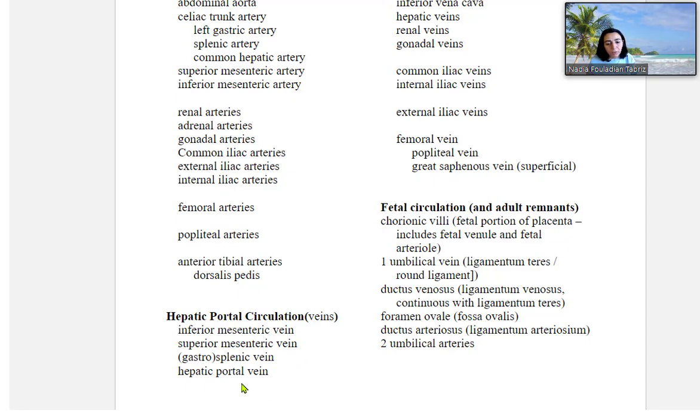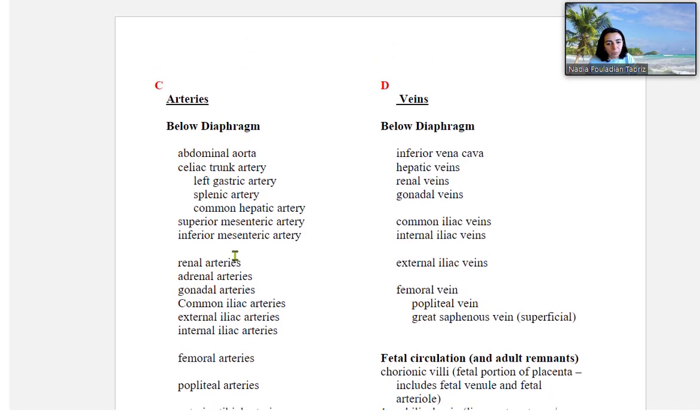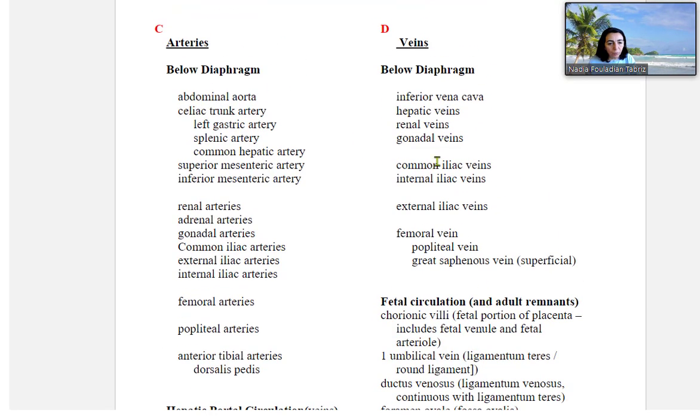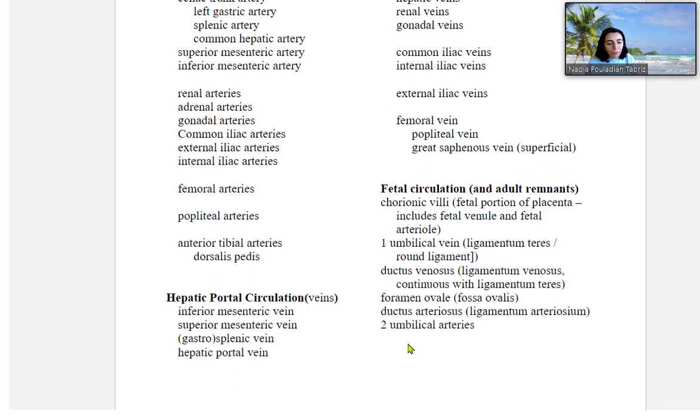And also hepatic portal circulation, although they are vein, but are covered with this part, with arteries below diaphragm. Not that these are included, these are separate, but this person has to cover this one. For the part D, the person D covers the vein below the diaphragm, and then also for the fetal circulation.